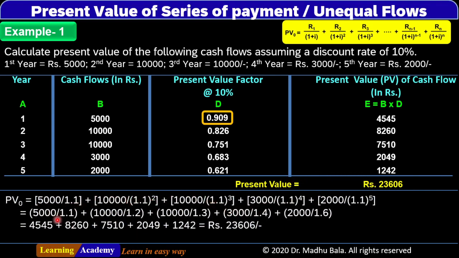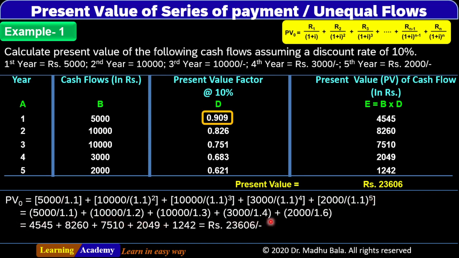And we can also compute the present value here with the help of this formula. Present value 0 is equal to 5,000 divided by 1.1. 1.1 means 1 plus 0.10, that is the rate of interest, plus 10,000 divided by 1.1 raised to power 2, second time period के लिए, plus 10,000 divided by 1.1 raised to power 3, that is for third time period, plus because यहाँ पे cash flow है 3000 का fourth year में, so 3000 divided by 1.1 raised to power 4 for fourth year, plus then again in fifth year the cash flow is 2000, so plus 2000 divided by 1.1 raised to power 5.